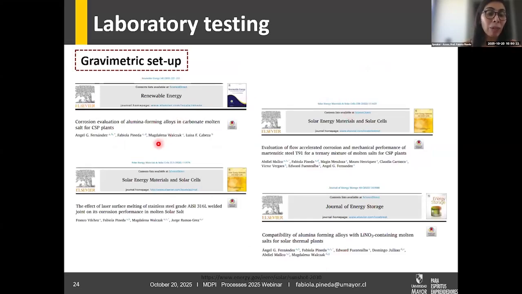With gravimetry, we have studied different alloys that can be used in this type of applications, different types of thermal treatments to avoid some problems related to corrosion and to welded joints. We have also studied different corrosion mechanisms, for example, flow accelerated corrosion in molten salts and other types of metallic alloys and different types of molten salt mixtures.